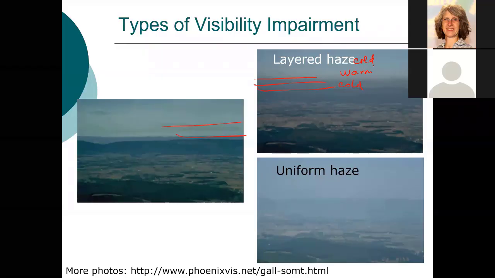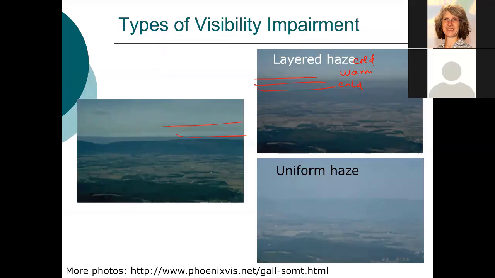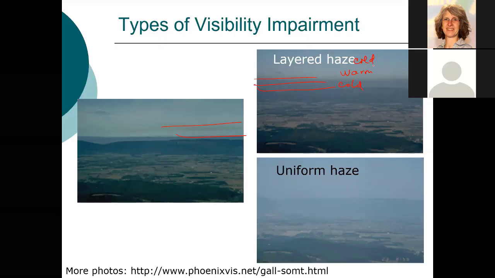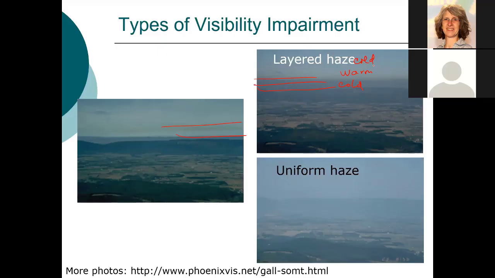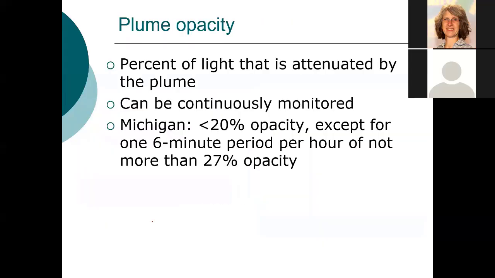And those pollutants just sit close to ground level. And when you look out at the horizon, it looks like this layer of haze at the horizon. Uniform haze, what happens is this inversion starts to break up and you get more mixing. So the pollutants become more dispersed throughout the atmosphere.